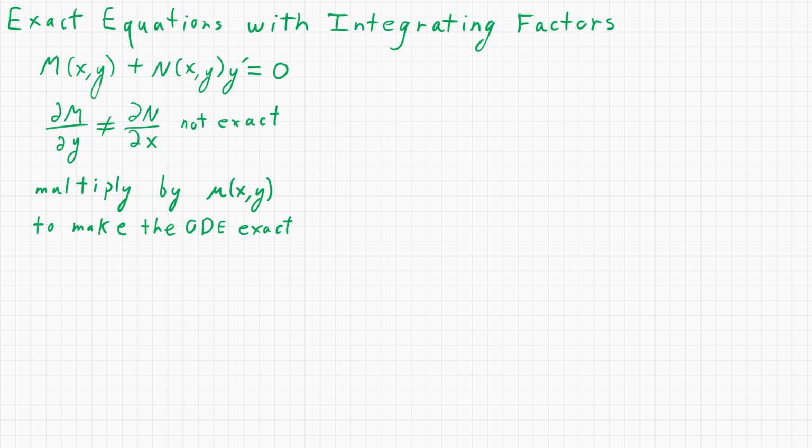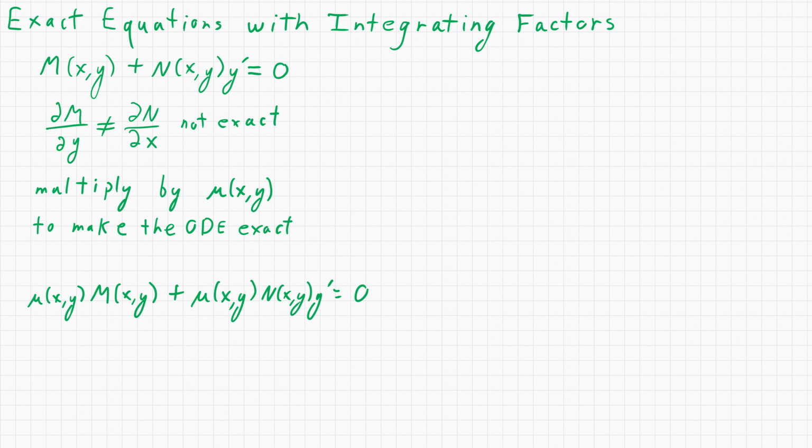Then your new equation would be mu(x,y) times M(x,y) plus mu(x,y) times N(x,y) y' equals 0.